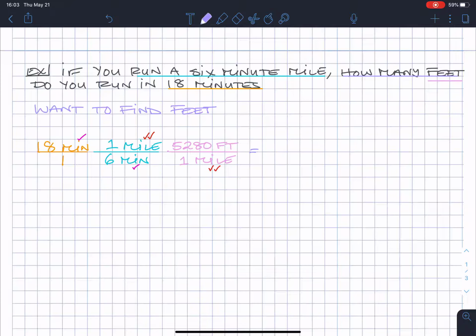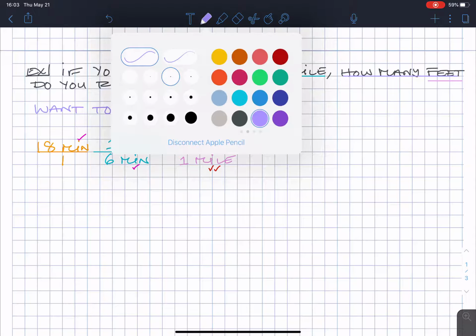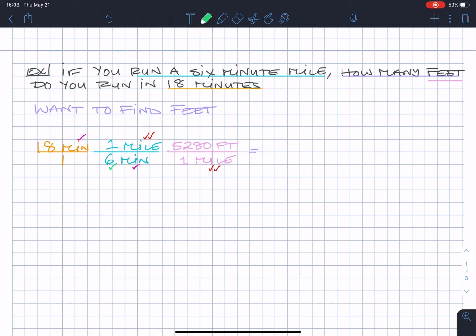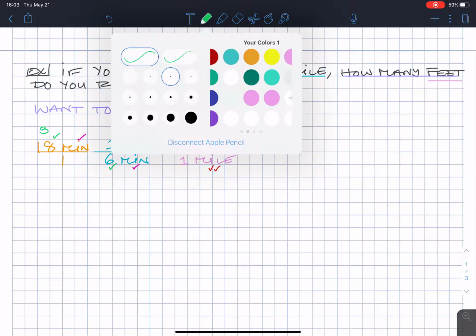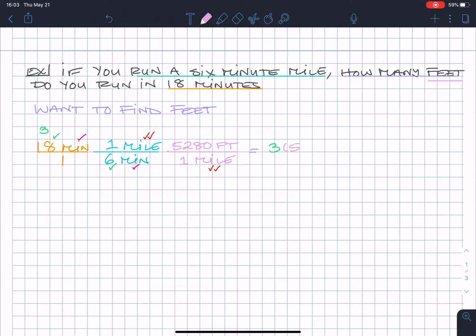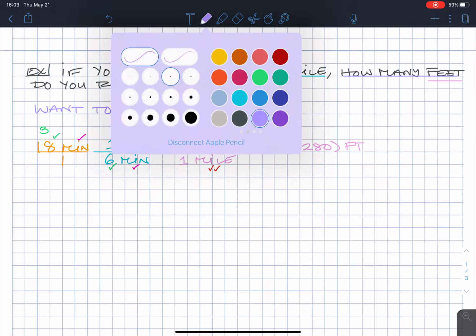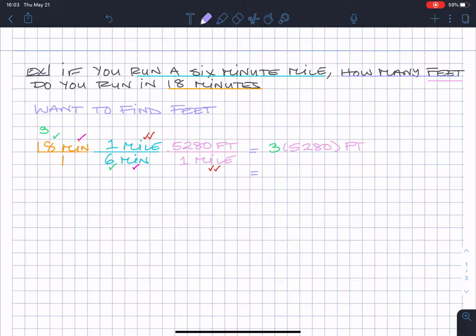So I have, well, let's see, 6 goes into 18 3 times. So what I end up with is 3 times the quantity 5,280 feet, which is going to be, well, 3 times 5,000 would be 15,000. 3 times 200 would be 600.